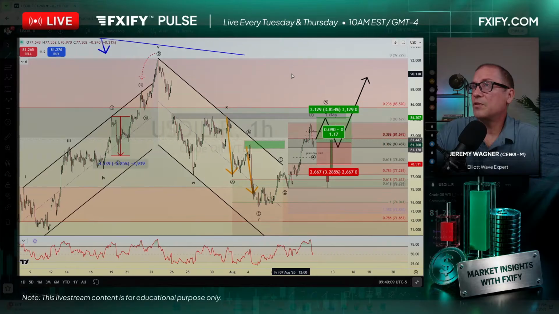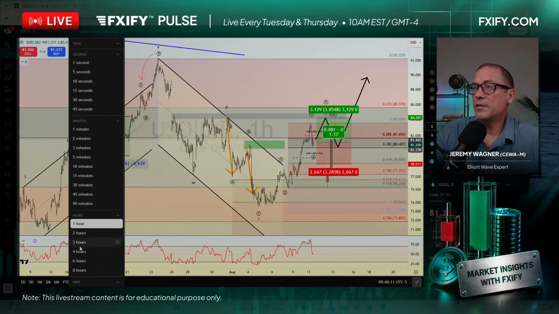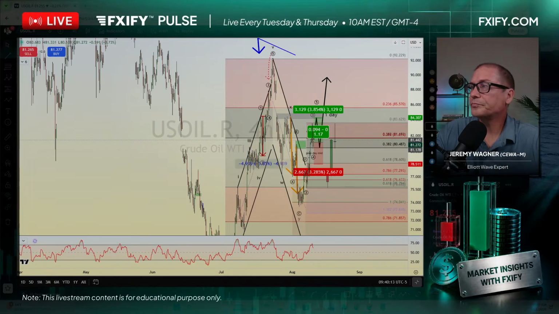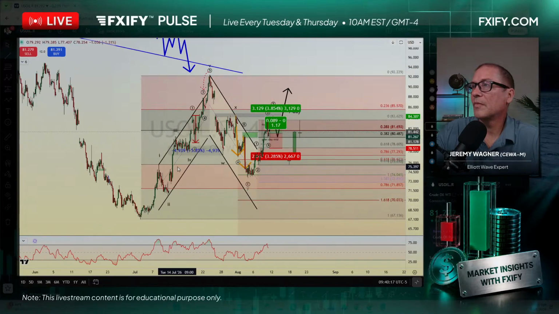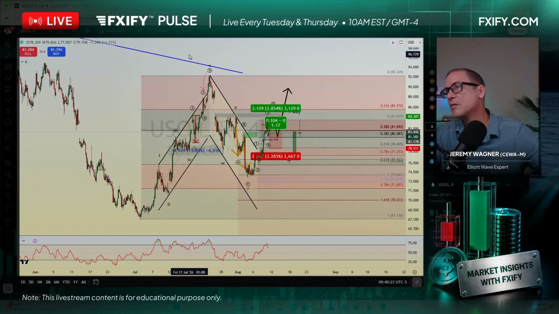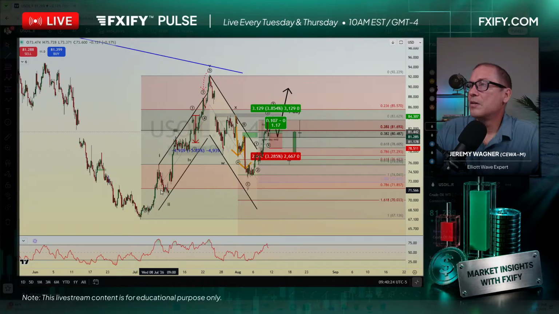Gosh, if we were to look at this over a longer term scale, let me zoom this out to 4 hours. So we came down here just below the 618, so it may double top up here around 92.